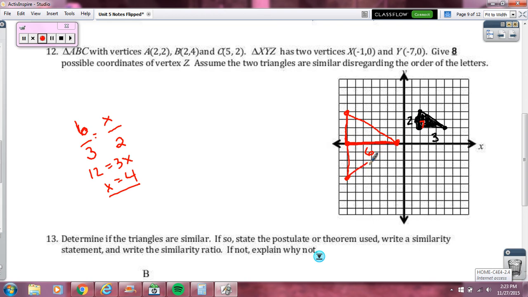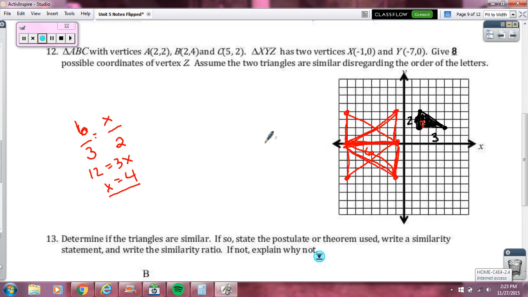There's another similar triangle, or I could pretend that it's like a flipped over version. So I could go up 4 right here, and that would give me a similar triangle, or down 4.